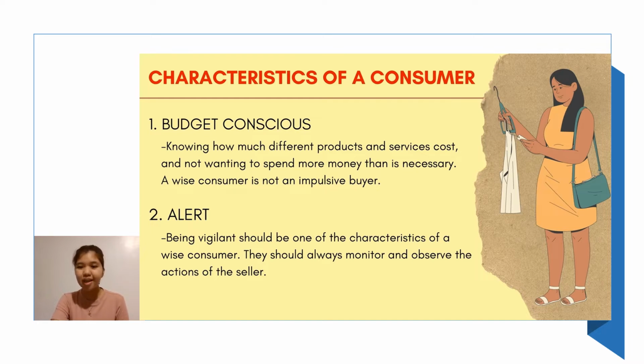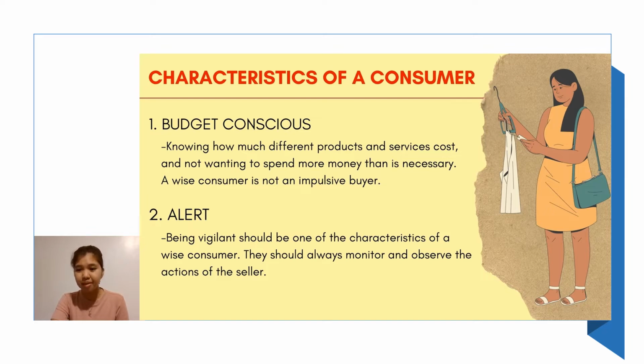So class, we cannot always be an impulsive buyer who buys things that are not necessarily needed, right? Of course, we need to weigh things if it is a want or a need before we buy it. We need to be conscious about the budget that we have every day. We need to save money for future use, but sometimes, of course, we cannot ignore the fact that there are lots of things that we want to buy, but we need to control ourselves.